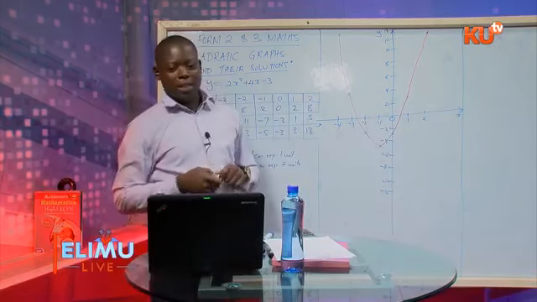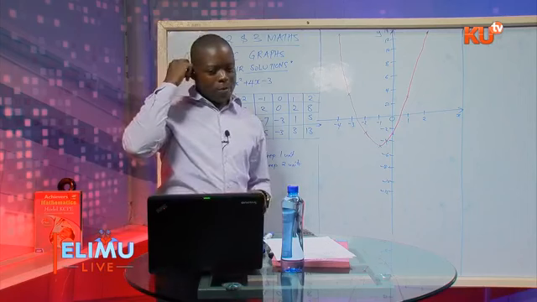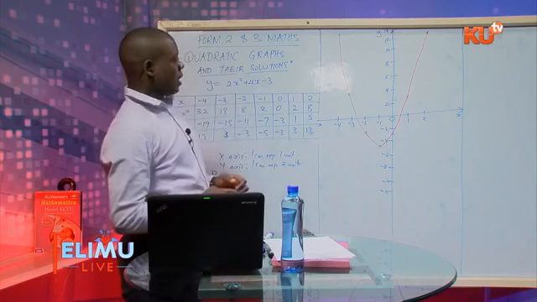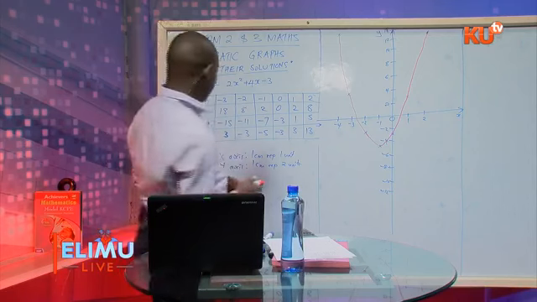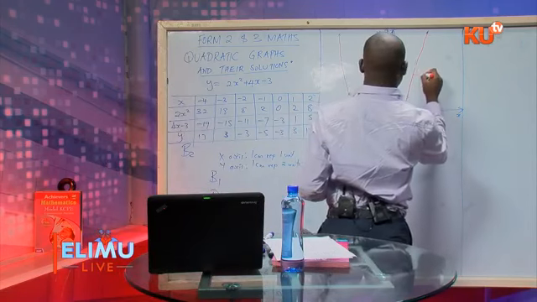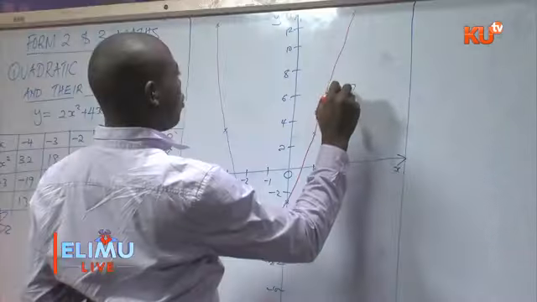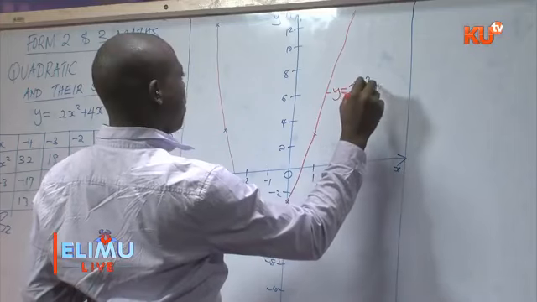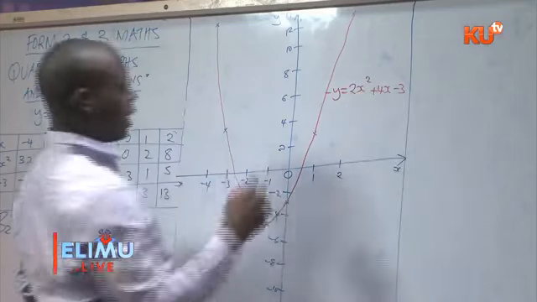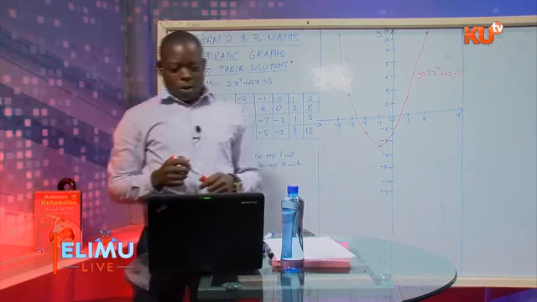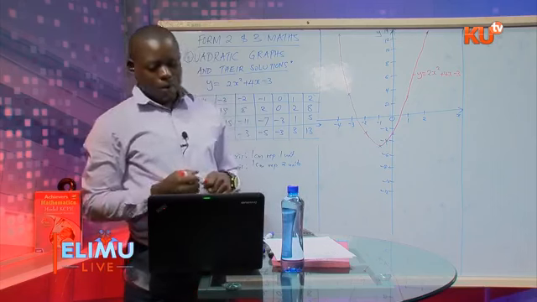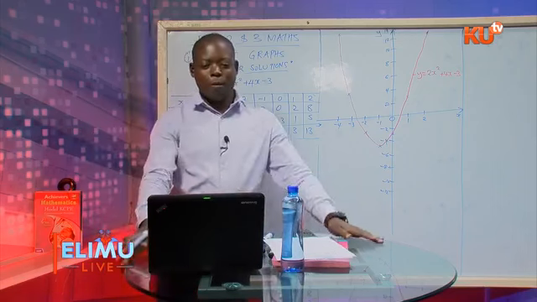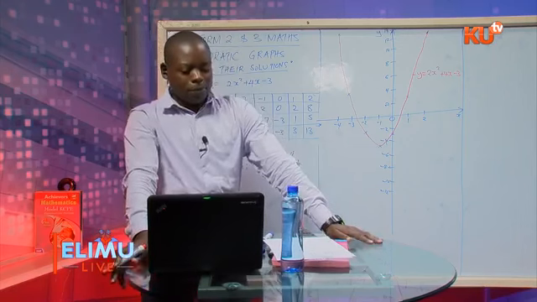Hoping that you have drawn the best curve because you are using your graph book or your graph paper. And that is what we call the curve, the graph of y equals 2x squared plus 4x minus 3. So let's see what are the questions now after we've drawn the graph.